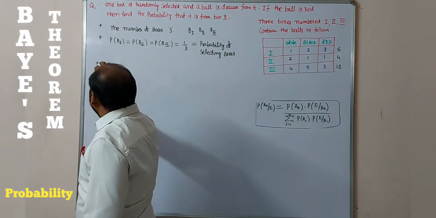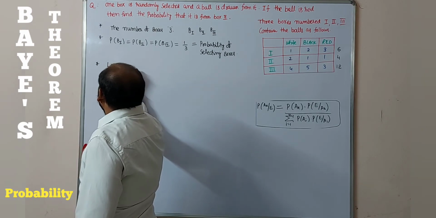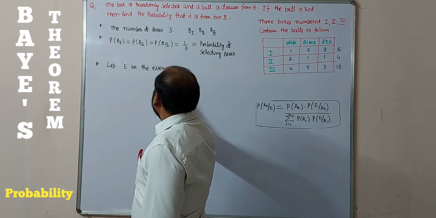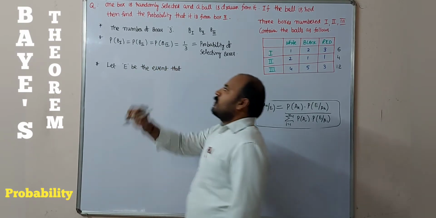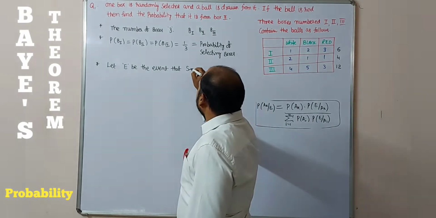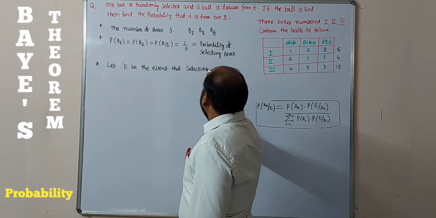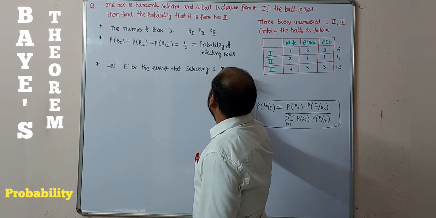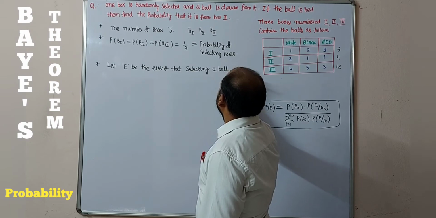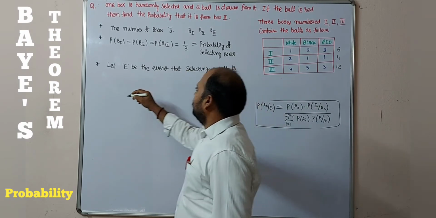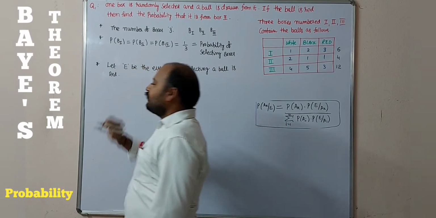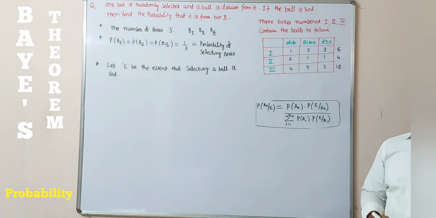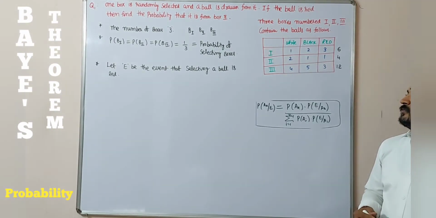Now you have to assume one event. Let E be the event of selecting a ball that is red.